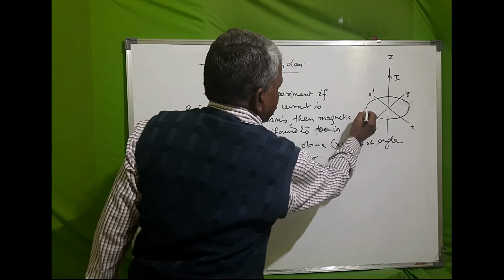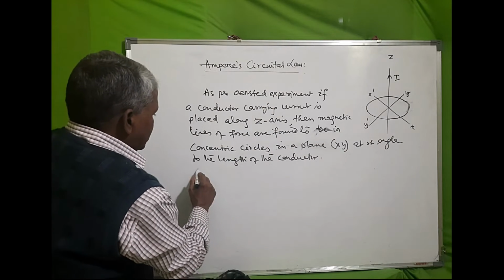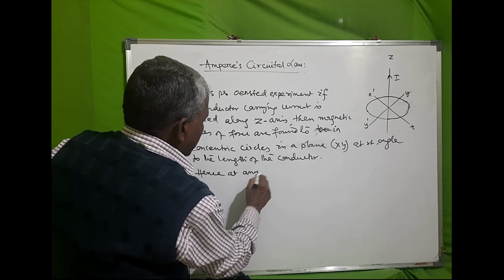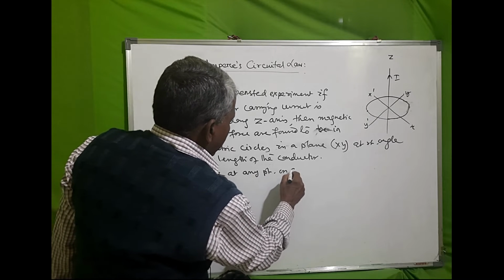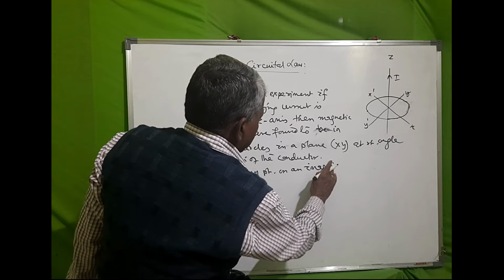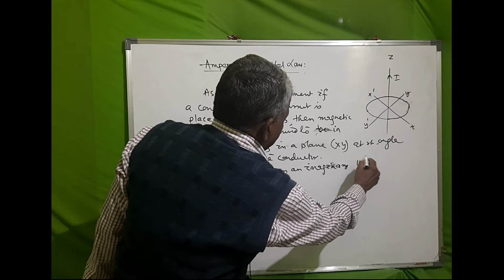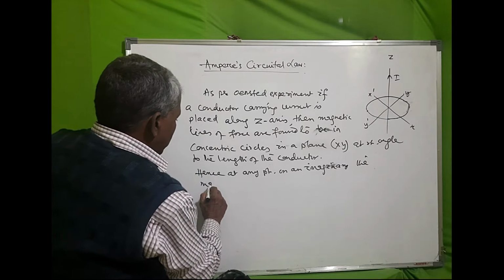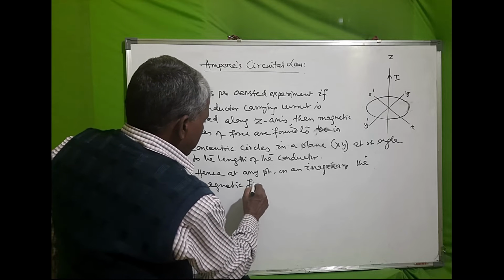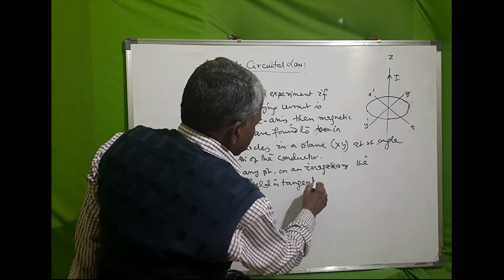Hence, at any point on an imaginary circle, the magnetic field is tangential to the element.